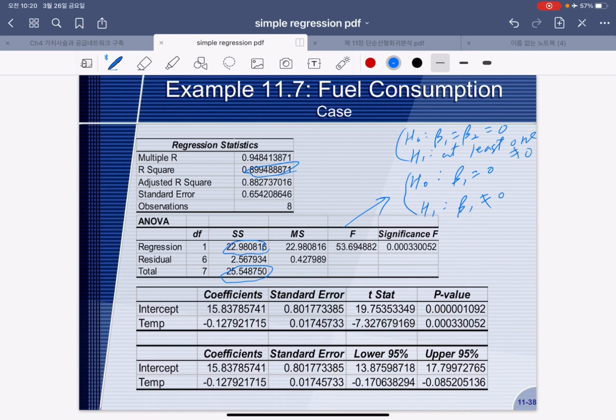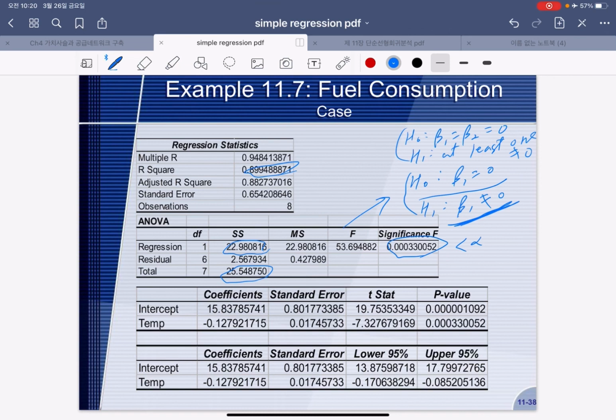So that's the hypothesis for the ANOVA table. In this case, this one is less than alpha, so you reject this null hypothesis. That means you accept the alternative. Since a coefficient is not equal to 0, that means the model is good.